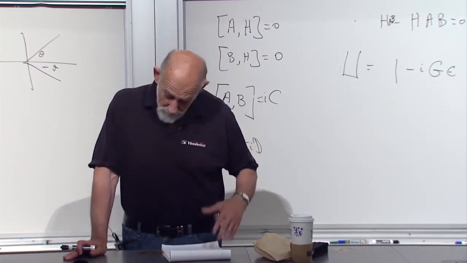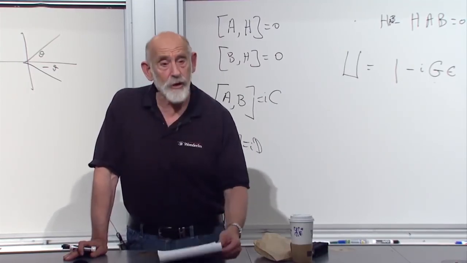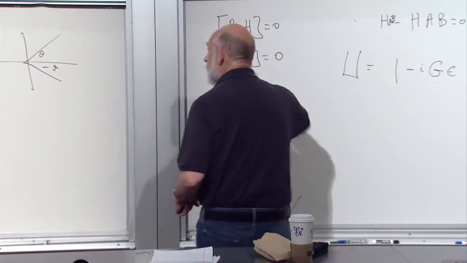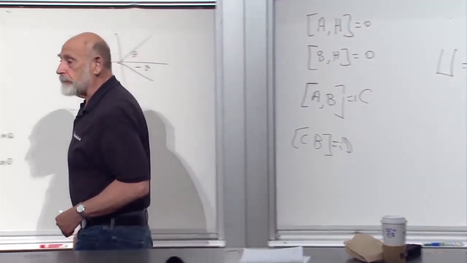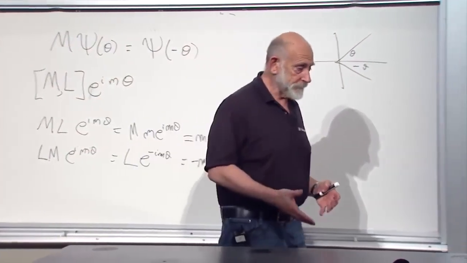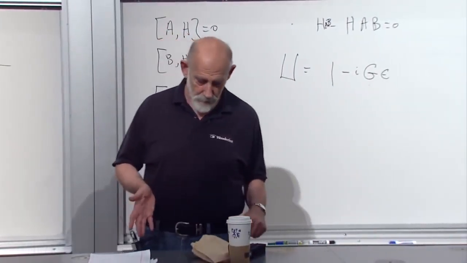Okay, we're going to work out an example in detail. We'll do it right now. The example is the three components of angular momentum. Rotations about any axis form a group, but for our purposes now, we're not concentrating on groups.